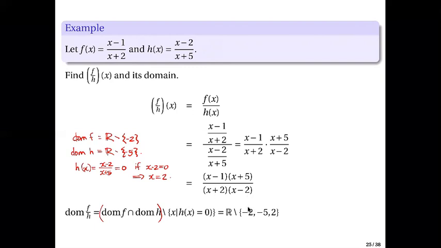So you will see immediately that you need to remove -2 and +2. But if you only look at this, you might not be able to see that your x cannot be -5 also. Because originally, x plus 5 is a denominator of h.